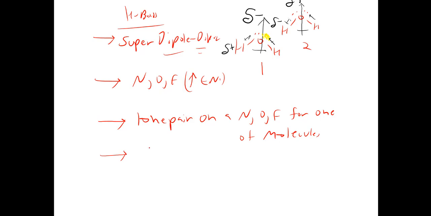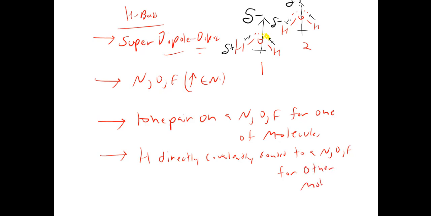The second molecule, or the other molecule, is going to have a hydrogen that is directly covalently bonded to a nitrogen, oxygen, or fluorine. And again, this is for molecule 2, or for the other molecule. So I'm just going to go ahead and highlight this as well.